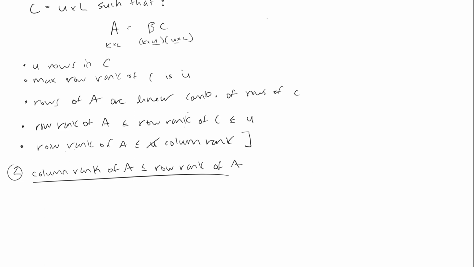So the proof is pretty analogous, right? Like it's flipped on its head. Let V be equal to the row rank of A. And we're going to let D be equal to a basis for the row space, for the rows.